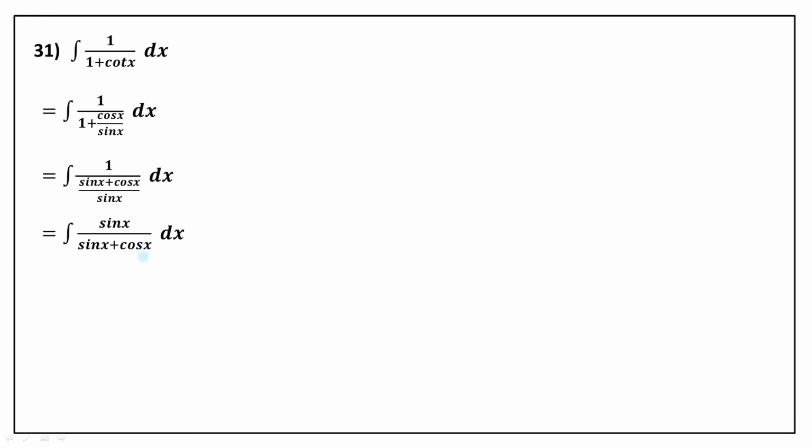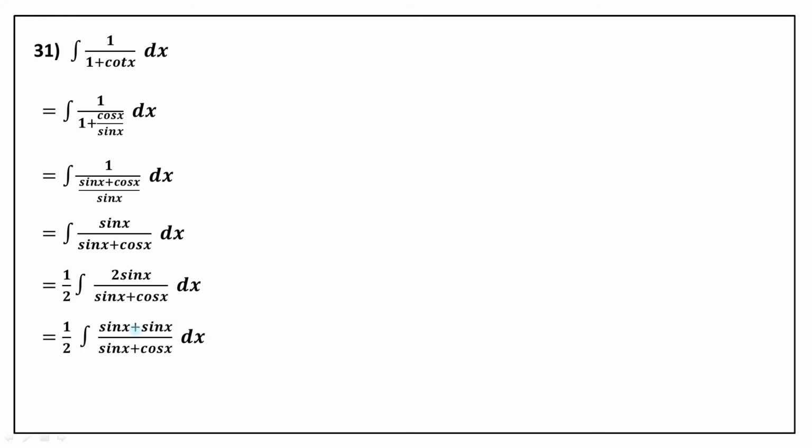As I said, this is one peculiar type of problem. We have to remember the steps which I'm going to write in the next line. What I'm going to do is multiply and divide by 2. This is one step which we have to remember for solving this type of problem.